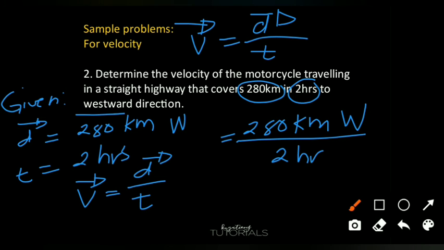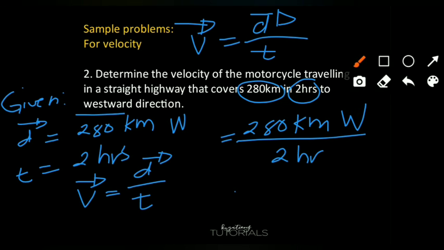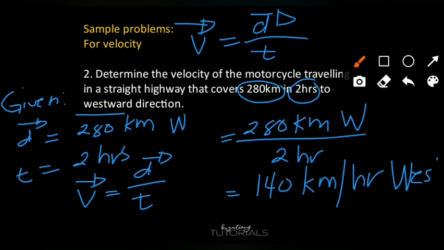No. So divide, this is 140 kilometers per hour, then sumpay si direction west. So mo ni ang atong velocity. So mo ni atong final answer.